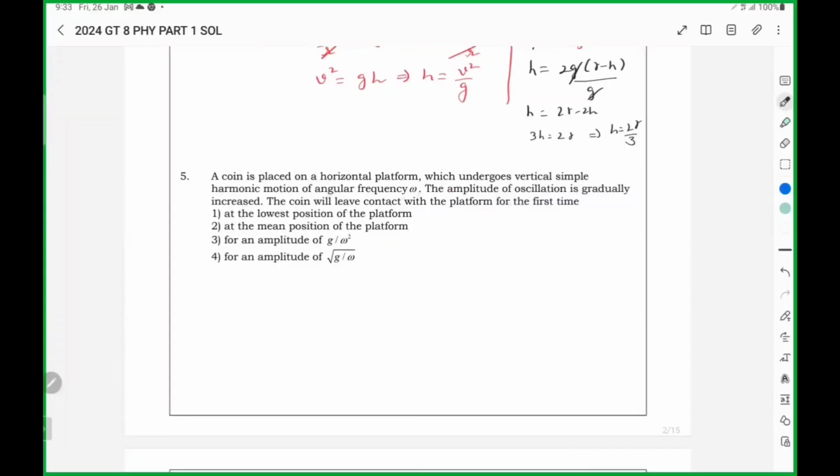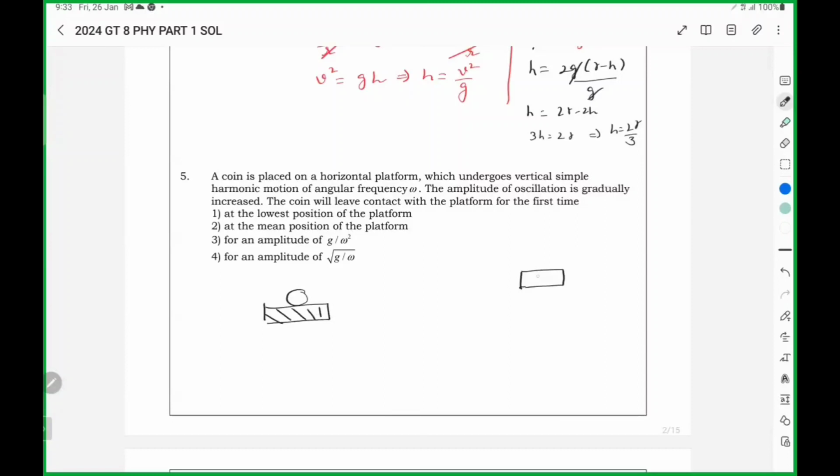Frequency. The amplitude of oscillation gradually increased. So when it is at the highest position, here is an object. In fact, this is a coin which is placed on a platform.